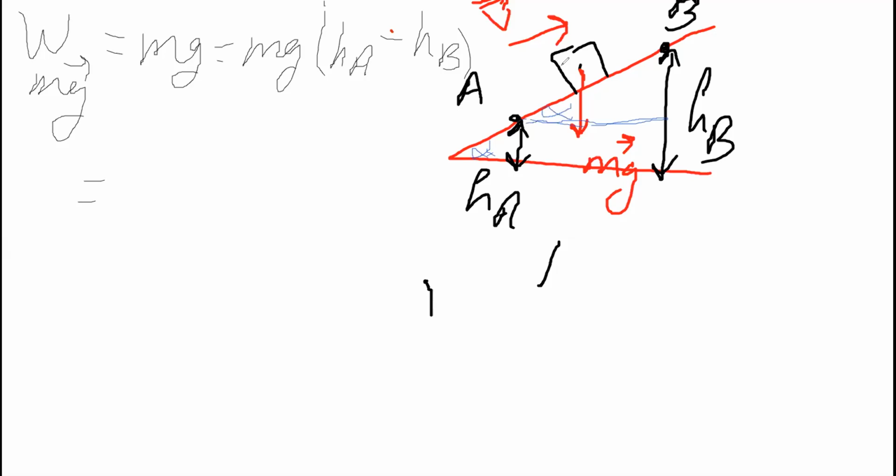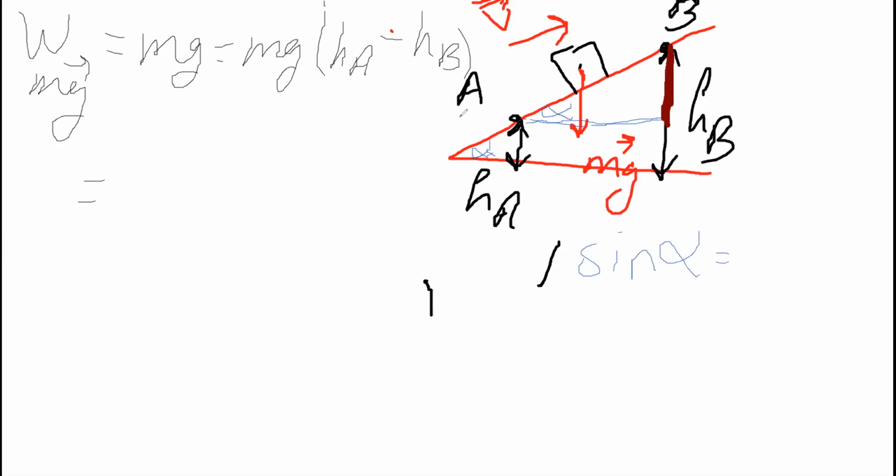We say that sine alpha equals opposite over hypotenuse. This is the opposite of alpha.